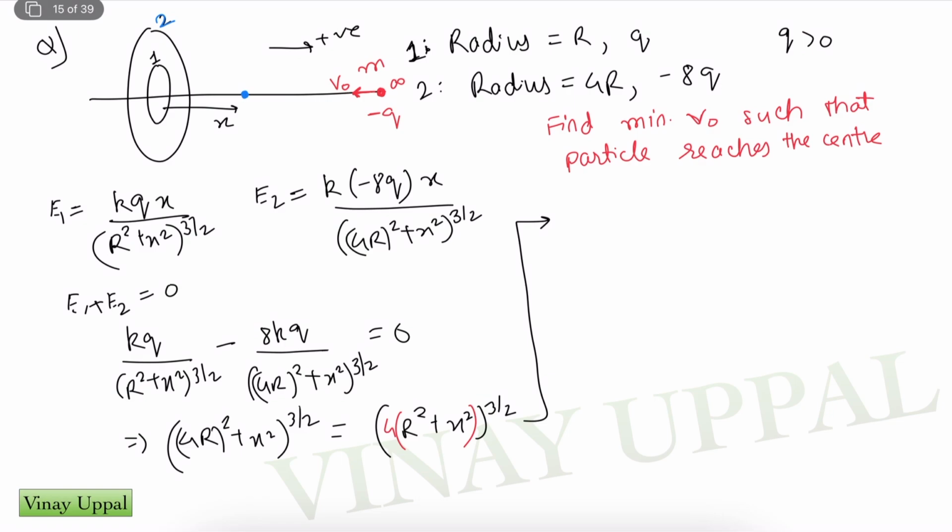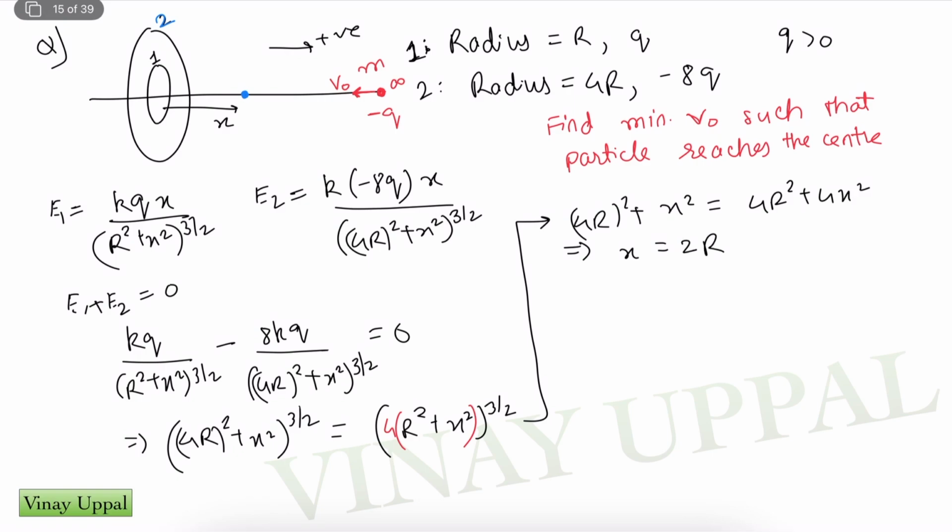So I've just taken that 8 inside the bracket, and now I can just equate. So I'll have 4r the whole square plus x square should be equal to 4r squared plus 4x squared. So I'll get x squared, or rather x, as 2r.